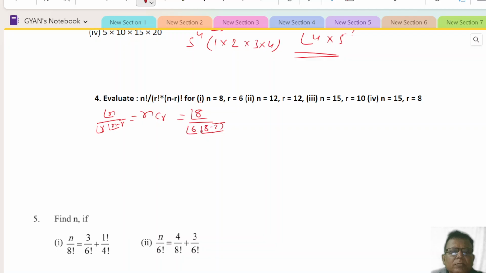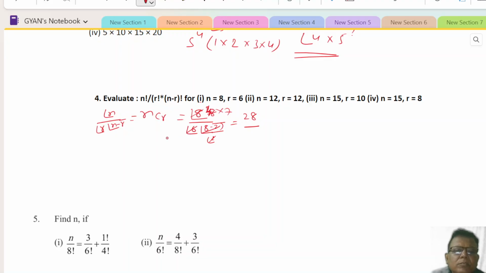So this will get cancelled, then it will become 8 and 7, and this is factorial 2 is 2, so 28.